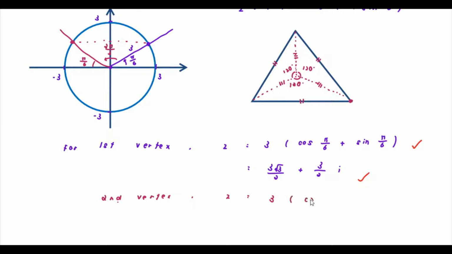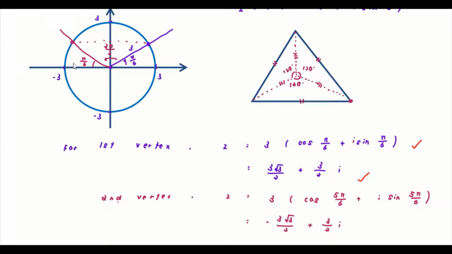And then now the argument becomes 2 pi over 6 plus pi over 6, and that's how you can get 4 plus 1, so 5 pi over 6. Okay, and then plus, I'm sorry, I left out the i just now, so i sine 5 pi over 6. Okay, so you just use your calculator, then you'll be able to get your second vertex, which is 3 square root 3 over 2 plus 3 over 2 i.